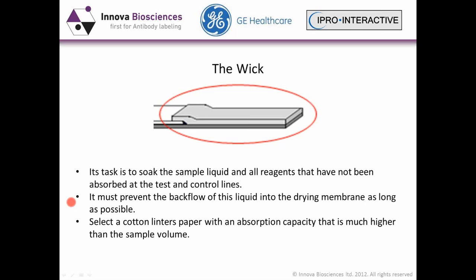You must clearly state a time in minutes after sample application when people may have a look at the test and read out the signal, and the time in minutes after sample application after which it's baseless to read the test. As material selection, the recommendation is relatively simple: select a constant linters paper with an absorption capacity that is much higher than the sample volume.